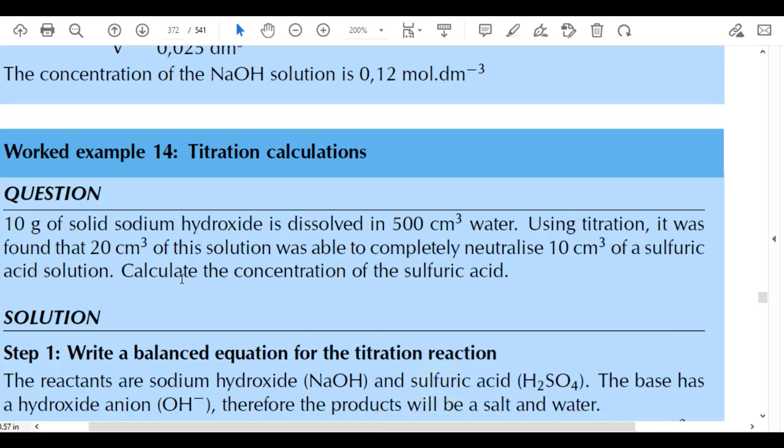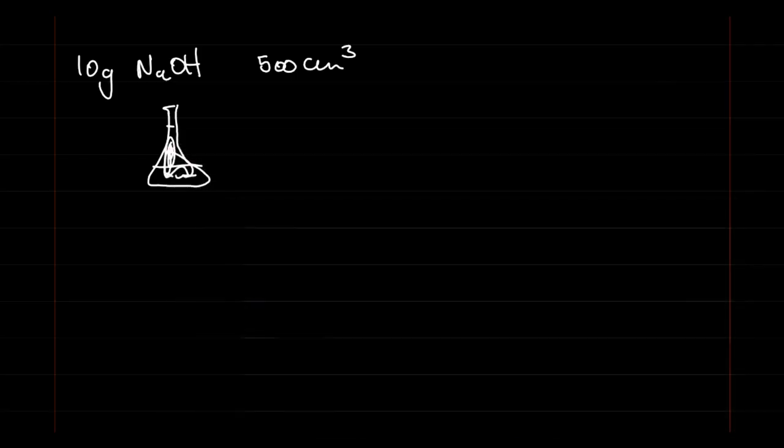Now, using titration, it was found that 20 cubic centimeters of this solution was able to completely neutralize 10 cubic centimeters of sulfuric acid solution.